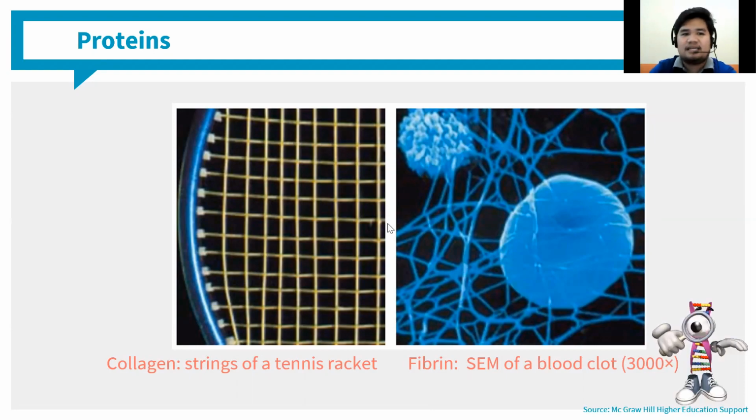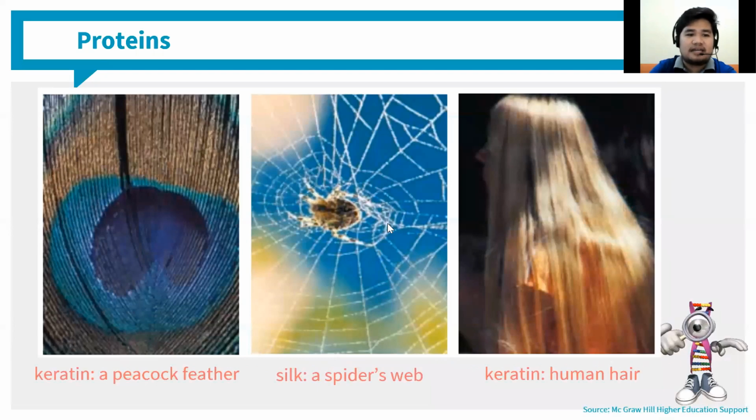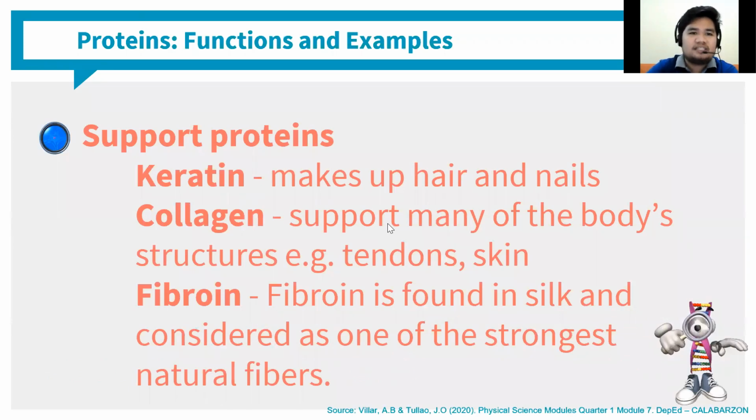Yan, fibrin yan. Example rin ng protein. Another, keratin, na present rin sa ating human hair and human nails. Silk, a spider found in the spider web. Silk is one of the strongest natural fiber found in nature. Okay. So these are functions and examples of protein.